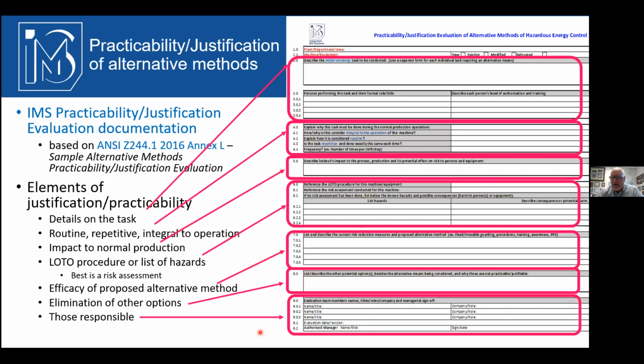This is an IMS form that is based on Annex L out of that ANSI Z244.1. Annex L does show an example of this. This is one that was created with a little more detail, a little more thought put into it, so you're welcome to it. If you can justify a minor servicing exception, if it's justifiable and practicable.